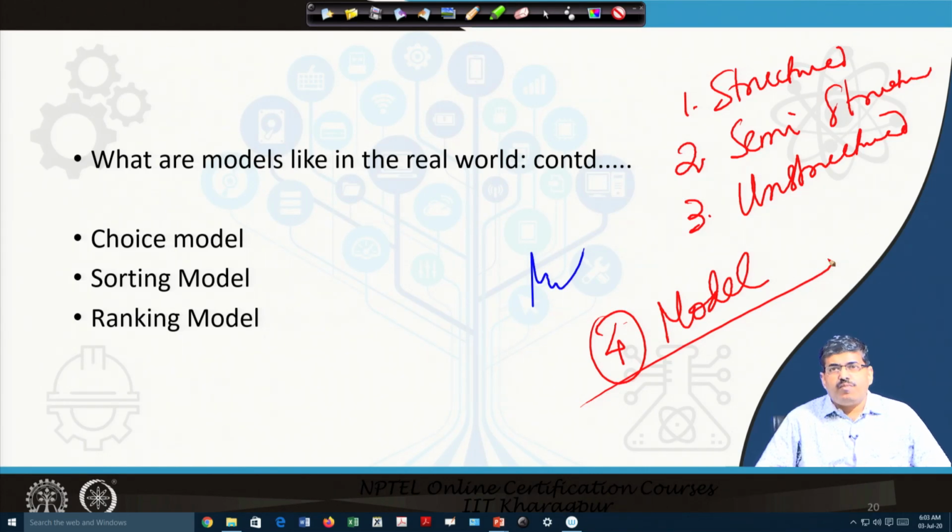Just a recap, what is a structured problem? It is within bounds. It has been tested, done so many times that we can frame it mathematically, and every time we do it, we will get similar results, reliable results, dependable results. What is a semi-structured problem?